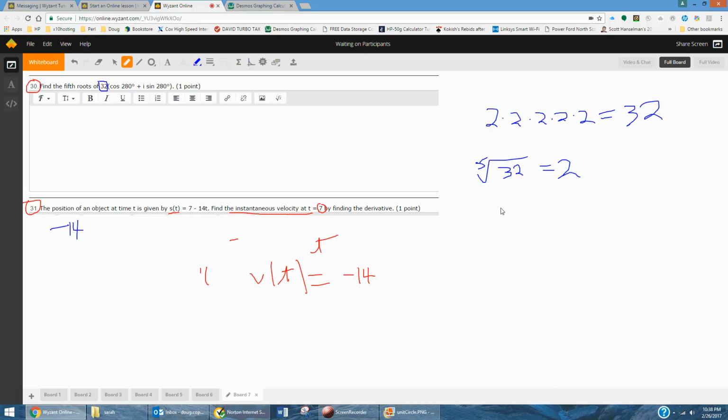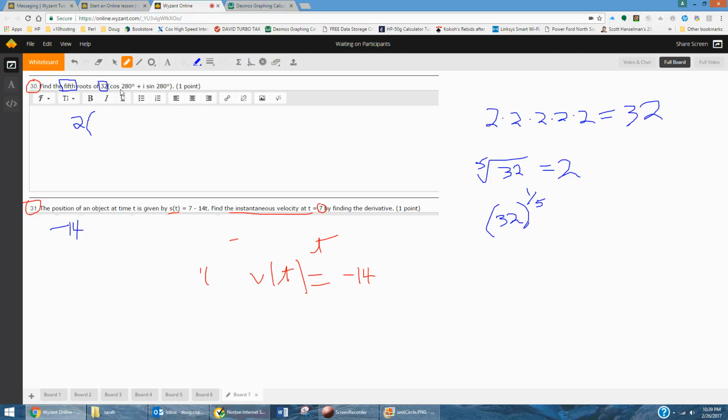You can do that on your calculator by going 32 to the 1/5 power. So the key is you've got to know that the fifth root is 2. So that's the number in front. And by the way, there's 5 answers to these. You're using a theorem called de Moivre's theorem.